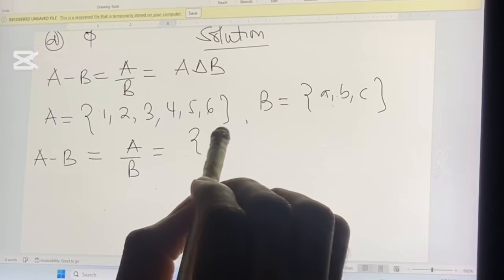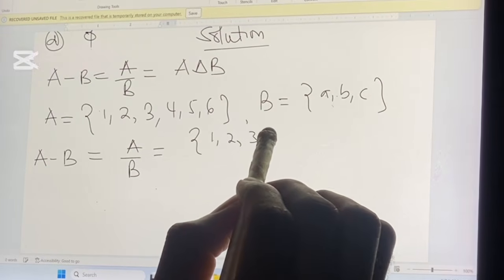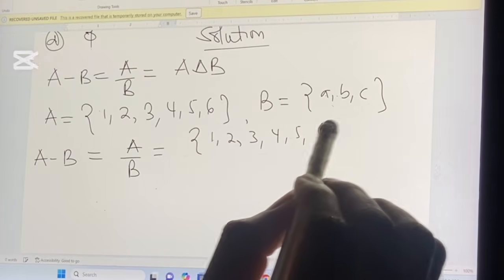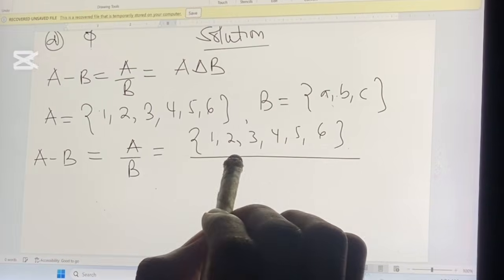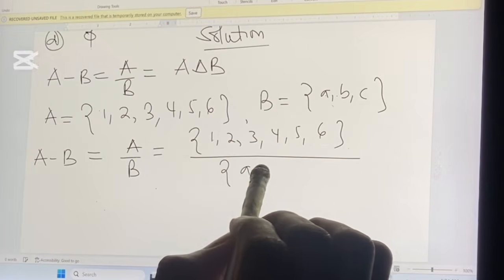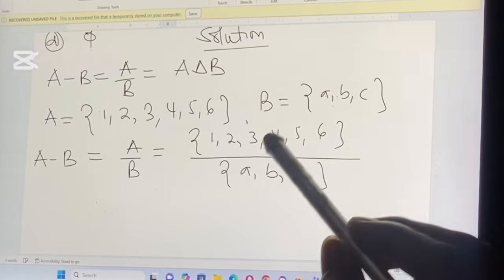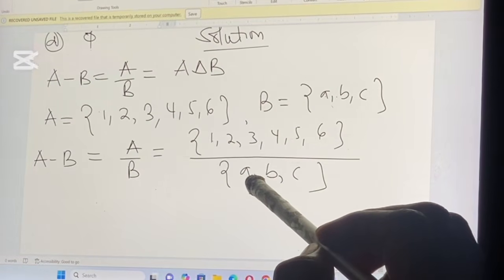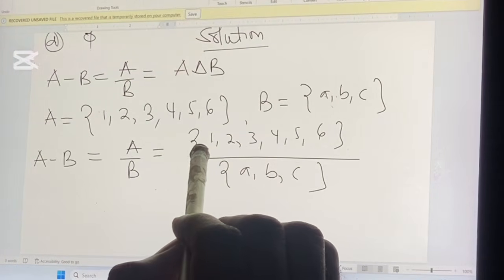Let's represent the set A. That is 1, 2, 3, 4, 5, 6, over set B, which is A, B, C. So all I have to do here is to cancel the common element in A and the common element in B. And the result here will be the set at the top here, which is this set here.